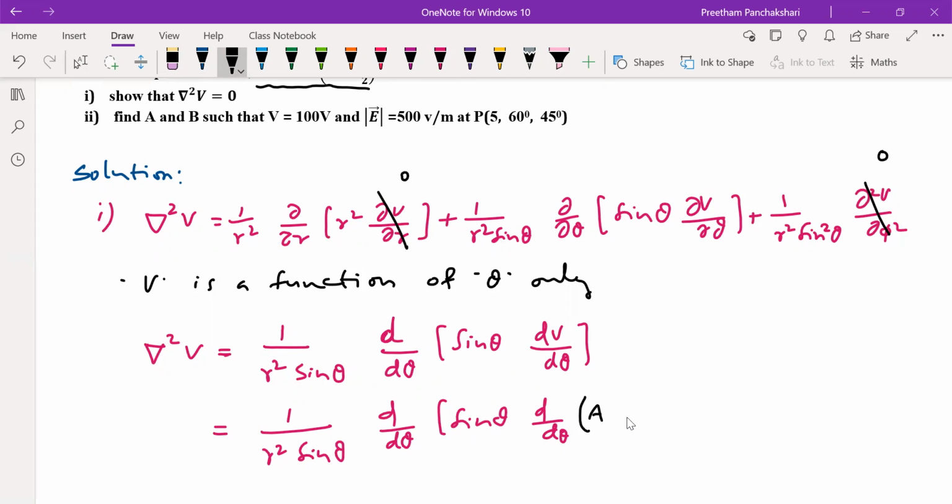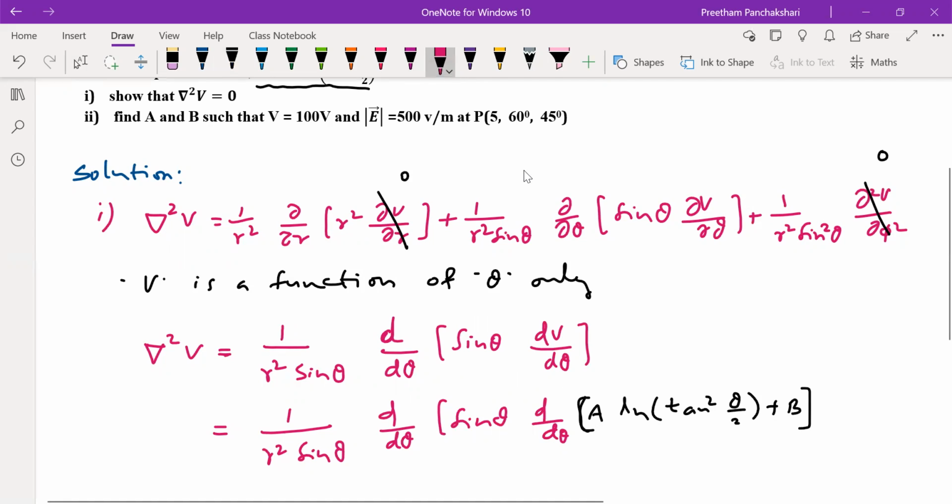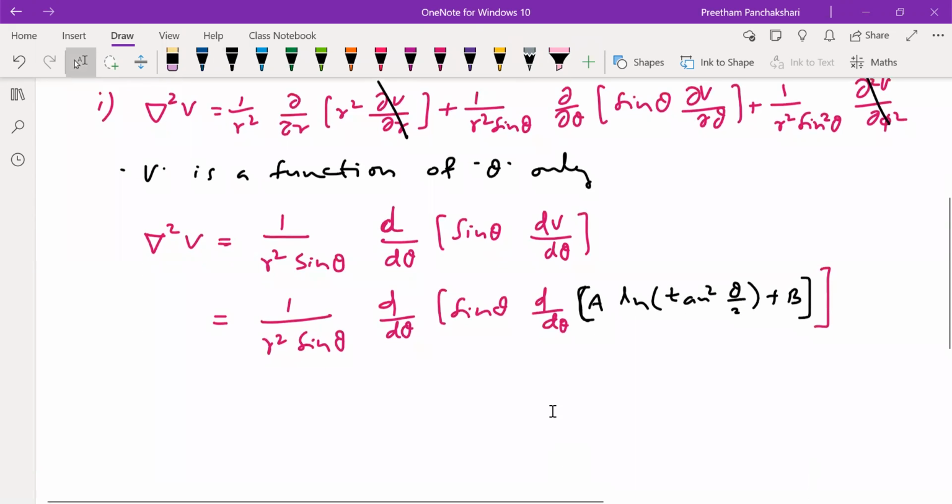That is A ln of tan square theta by 2 plus B. One more bracket required. Now we have to verify whether del square V is 0 or not. So for that, you should start simplifying.